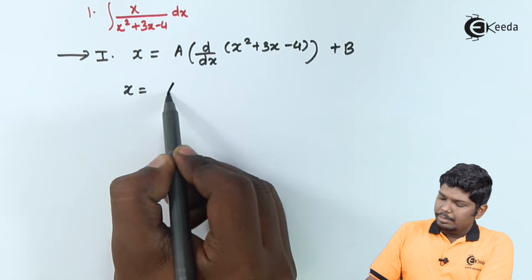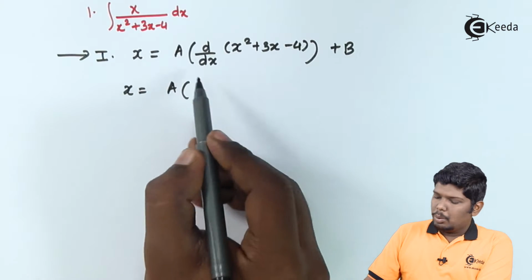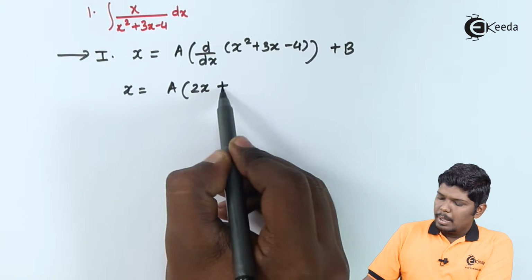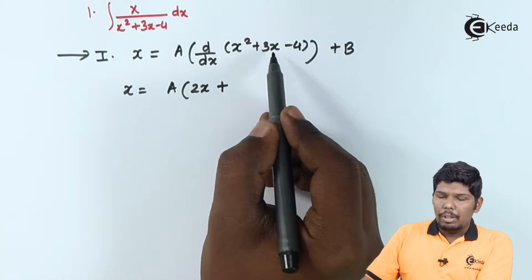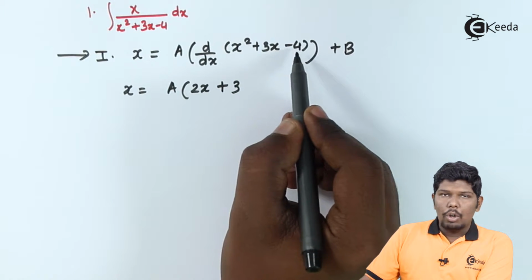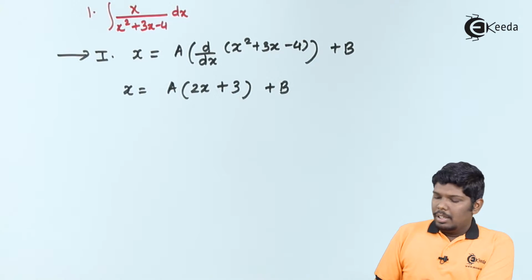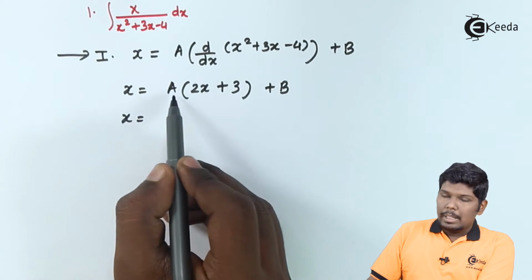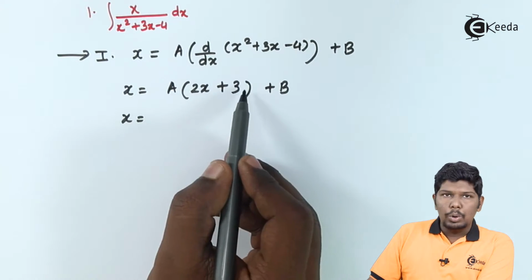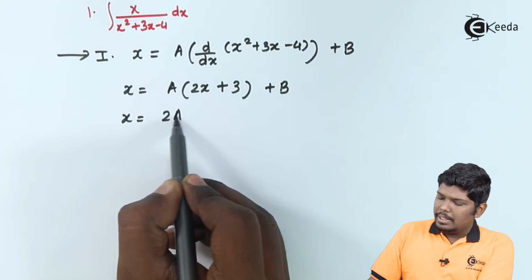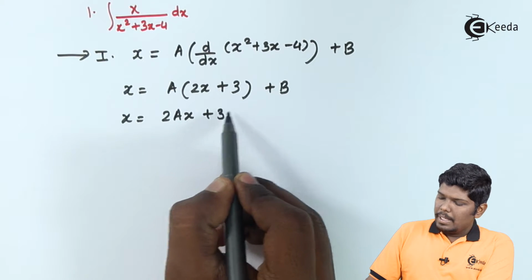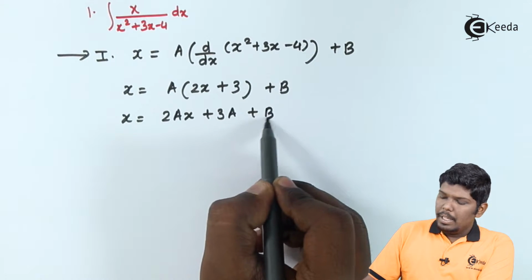For that, derivative of x square is 2x plus derivative of x will be 1 and derivative of constant is 0 plus b. In the next step, we can expand this bracket by multiplying a to both the terms. That will give you 2ax plus 3a plus b.